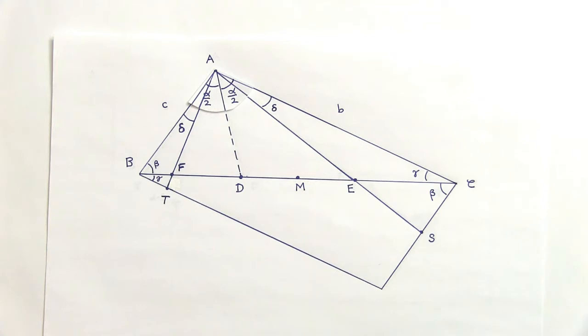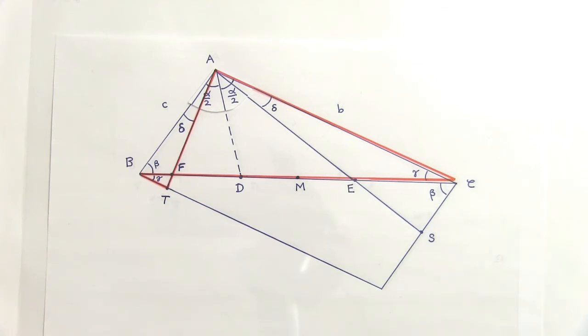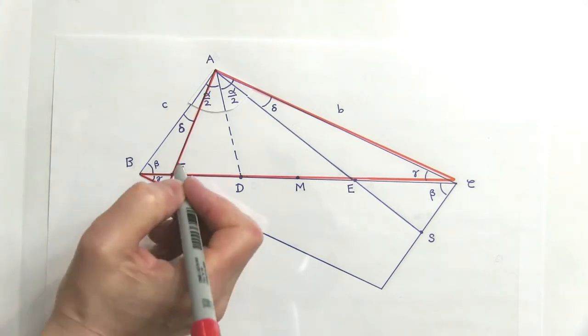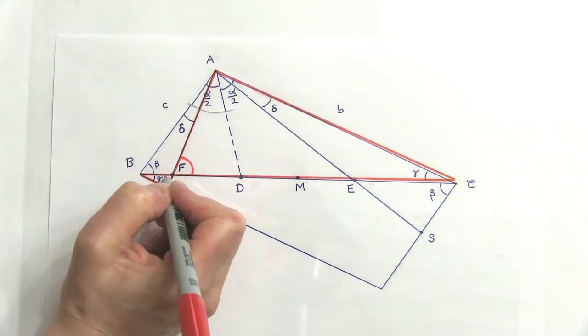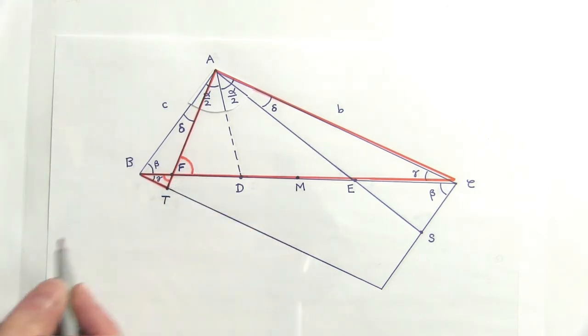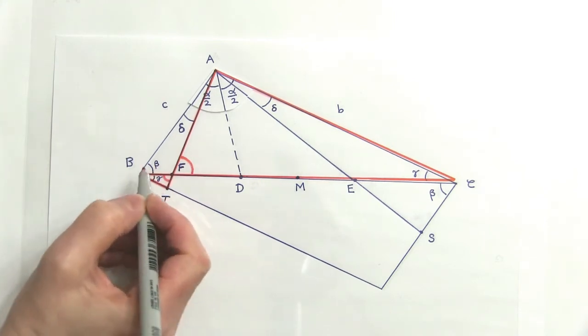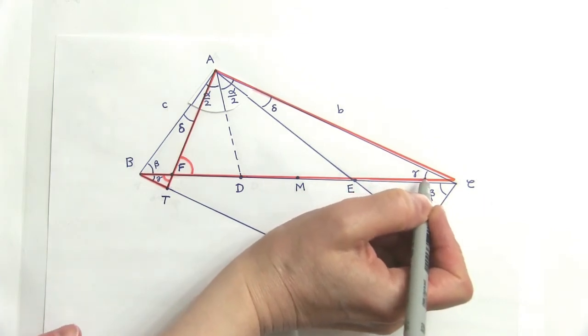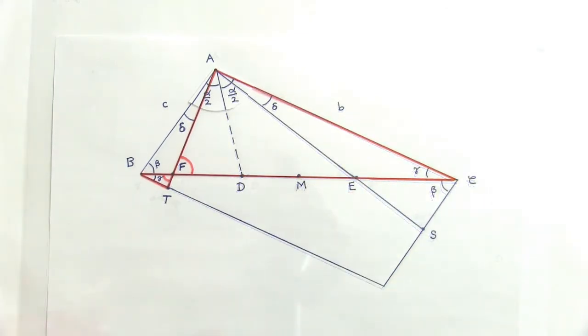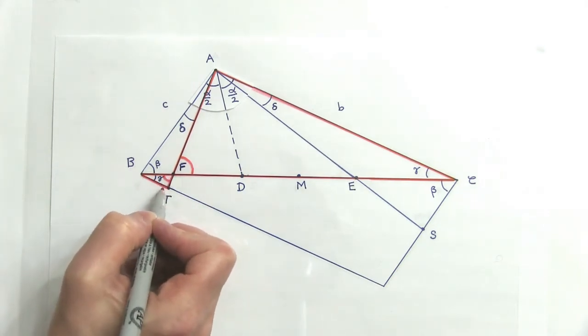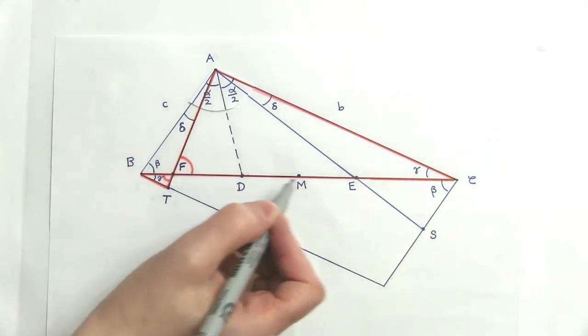And now we're ready for our last three observations, which we can make because of our similar triangles. So the first pair of similar triangles I find here, and I know that these are similar because I know that this angle is the same as this angle because vertically opposite angles are equal. And this is gamma, and this is gamma. And so this small triangle contains the same three angles as this larger one.